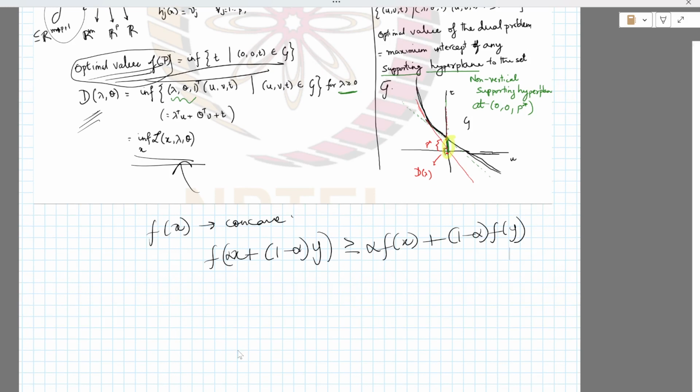If this is concave, it should satisfy something like this, so we can check that.